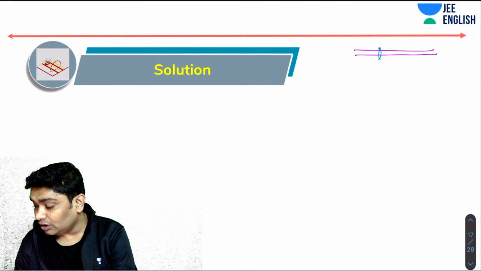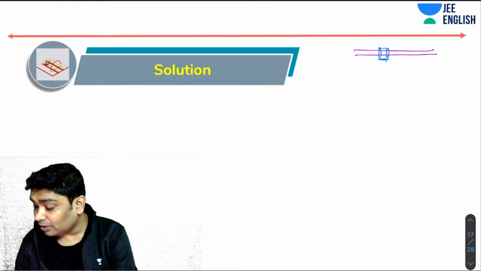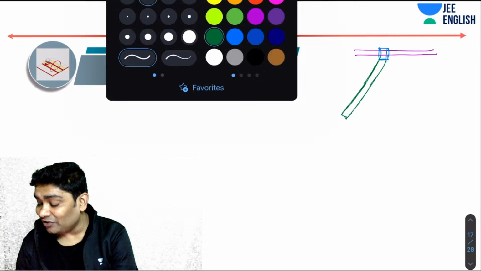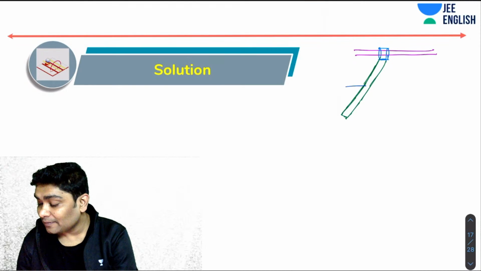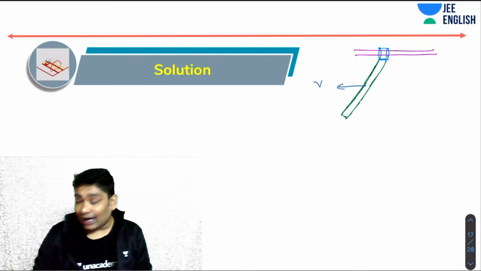You have this collar A and your entire rod would have become like this. And everything must be moving like this, with everything translating at the maximum angle.